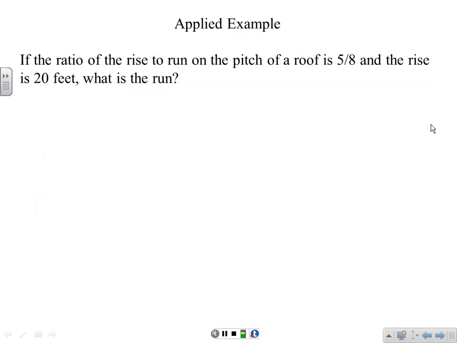Okay, so applied problems with slope. If the ratio, and ratio is nothing more than a fraction, if the ratio of the rise to run, so we have a fraction of rise to run, which is your slope, on the pitch of a roof is 5 to 8, and the rise is actually 20 feet, what is the run? And so you're just going to set up a proportion.